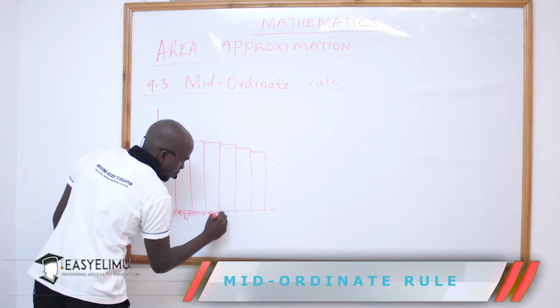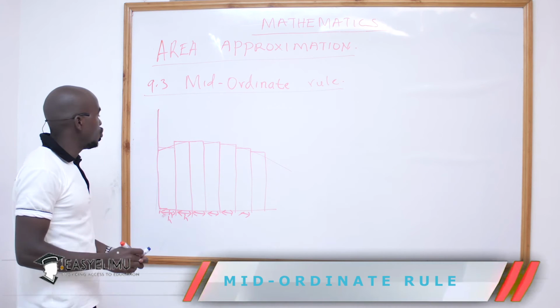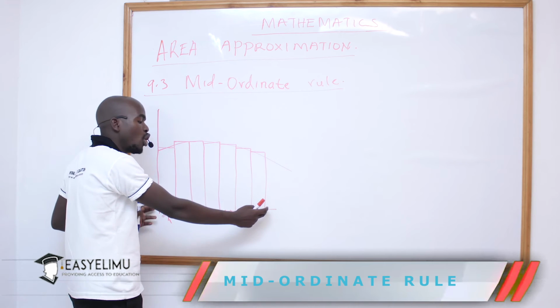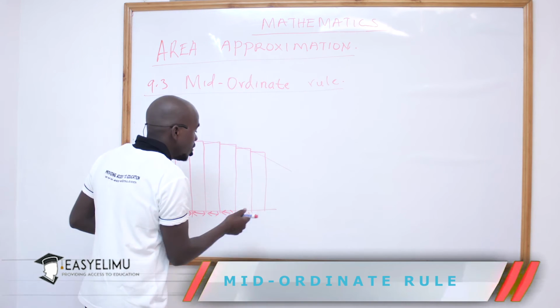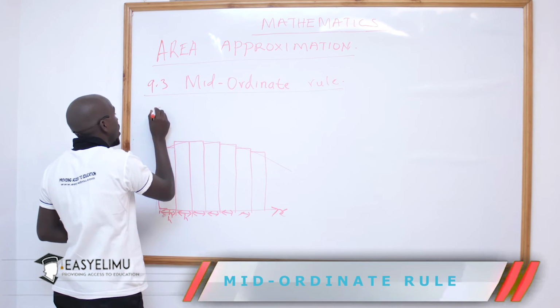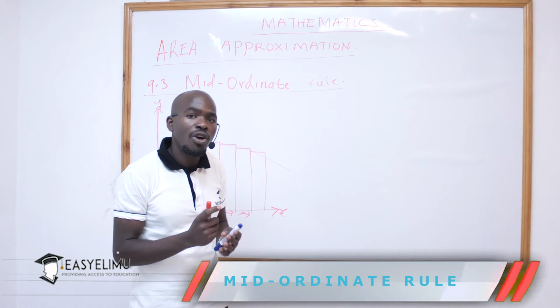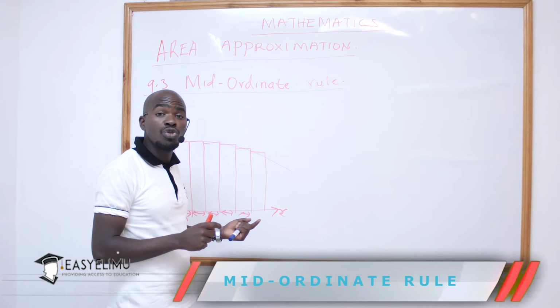Before you divide, the first thing you should do is know how long the base is. If this is our x-axis and this is y, you should understand how long our base is. After knowing that, you divide it using the number of strips you require.